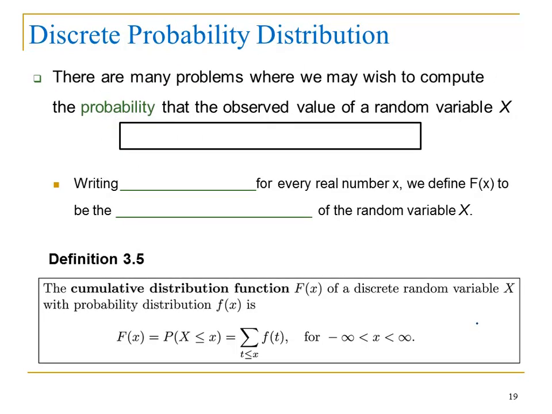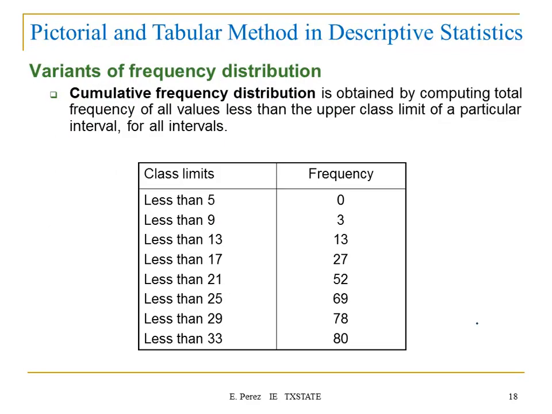Okay? So there are many problems when we might wish to compute the probability that the observed value of the random variable will be less than or equal to some real number. So if I go back to the example, really quick, if I tell you how many units are less than or equal to 17, you can tell me easily 27.